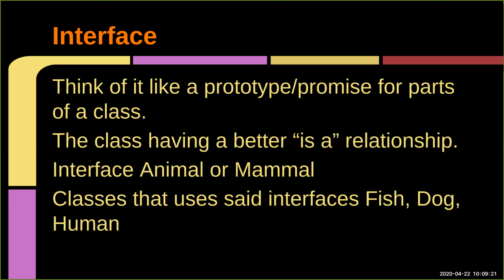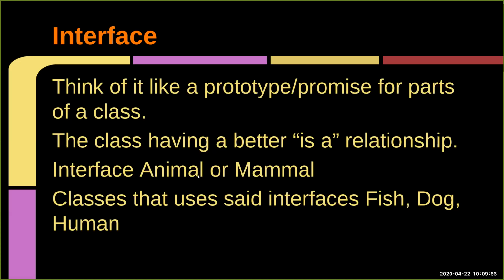We're thinking of it as like a prototype or a promise that this class is going to have these parts. But if we were explaining it to somebody that doesn't know programming, we might explain that, hey, this fish is an animal, and this dog is a mammal, and mammals also happen to be animals. So you can actually extend an interface. Everything that this has, but not necessarily the other way around.